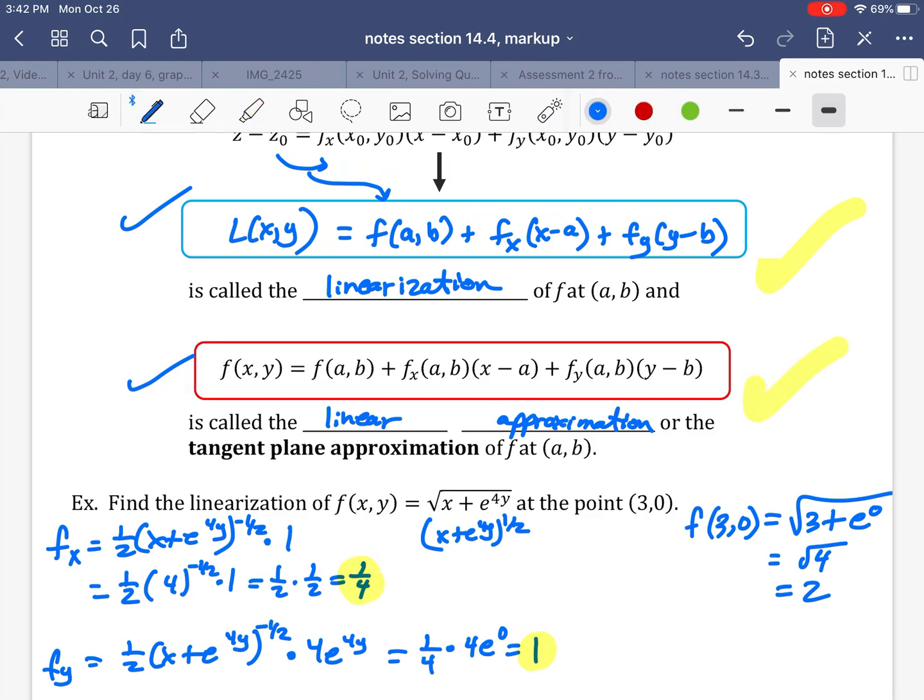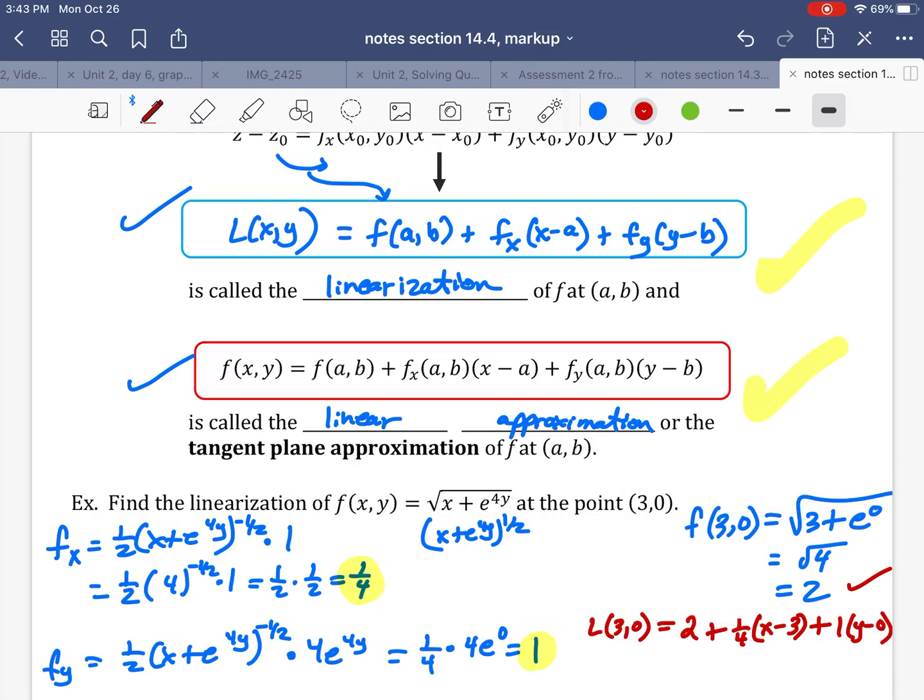All right, so I think I'll write in a different color so we can see the difference here, but my linearization at 3, 0 is going to be the function's value at 3, 0. So if I plug 3 and 0 into this function, remember that is 2 right here, so it's going to be 2 plus f sub x, so that would be 1/4 times x minus 3, plus then f sub y, which is 1, times y minus 0, because that's the y value.